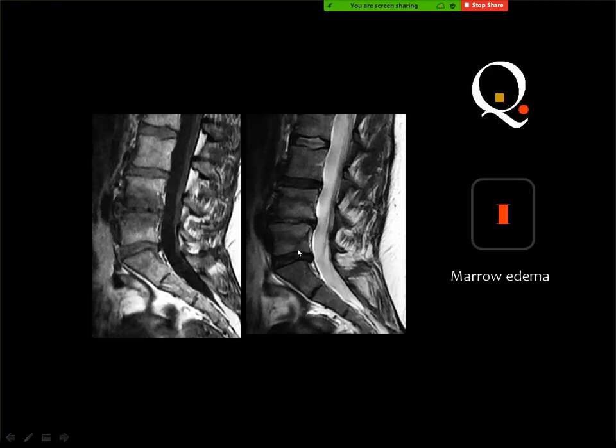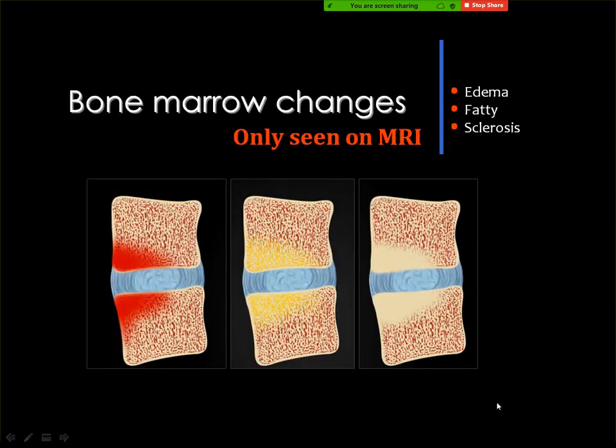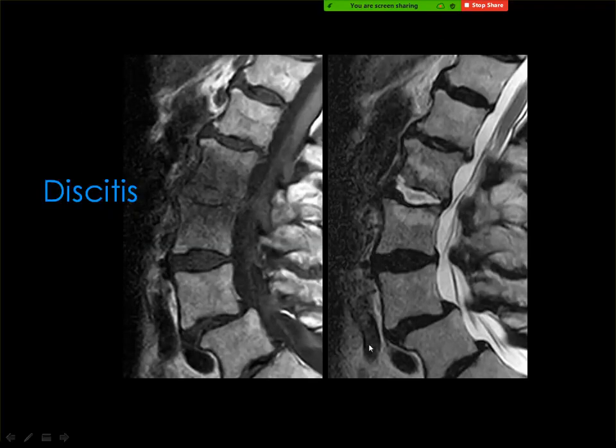But if the signal is very faint like this and the end plate is intact, then you should think of type 1 degenerative bone marrow edema. And you know, we have three types of degenerative bone marrow changes. Type 1 is edema, type 2 is fat, type 3 is bone sclerosis.